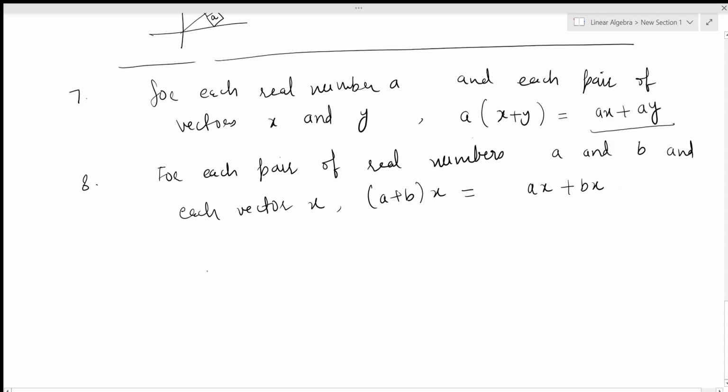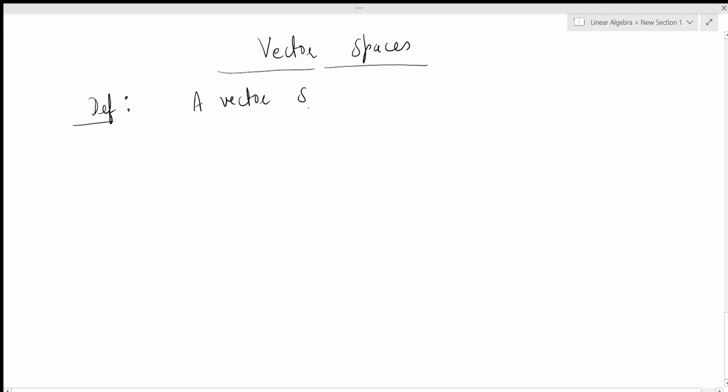So now we can start with our main topic, vector spaces, because it deals with vectors only. Now, vector spaces. First of all, the definition, then we can give some examples. A vector space V, this is the notation, over a field F, from which we take scalars only. V contains vectors and F contains scalars.